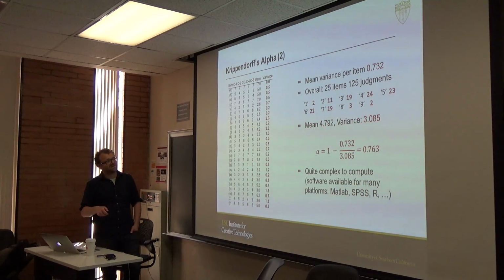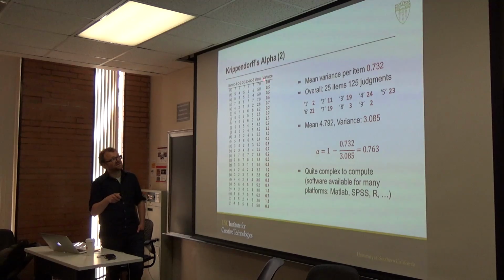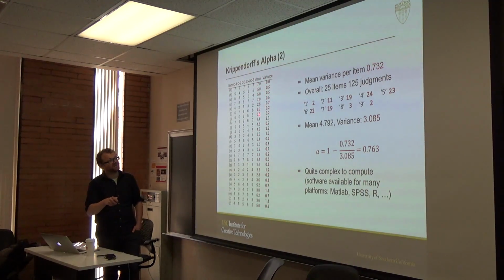Basically, what you compute is the average variance over each item that you observe, divided by the overall variance of the observations and the mean values of the observations.